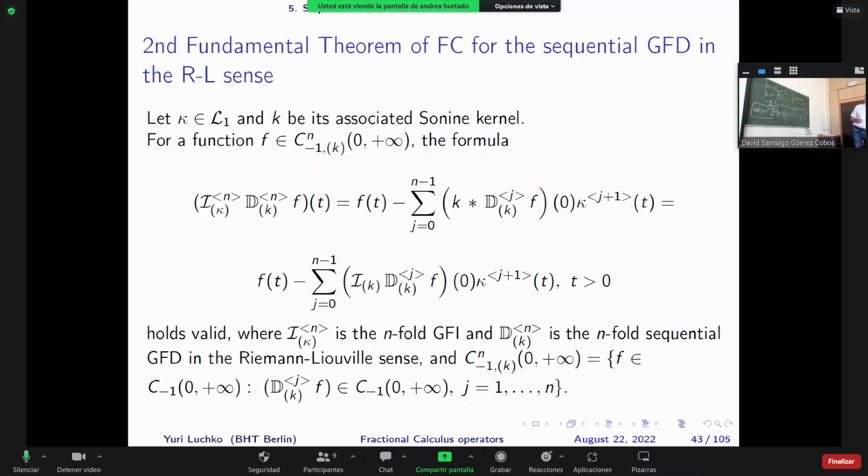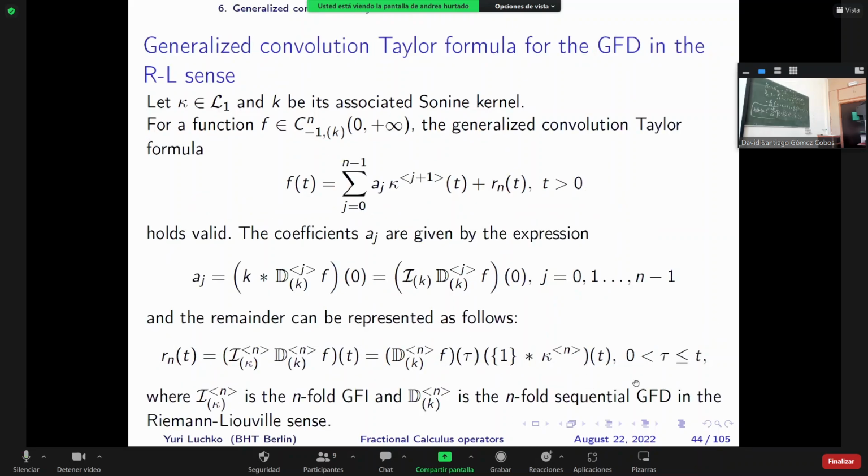And this is nothing else as the so-called Taylor type formula for the general fractional derivatives in the Riemann-Liouville sense. So we can represent the results shown on the previous slide in this form.